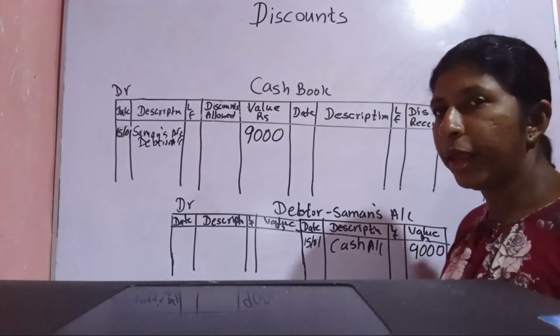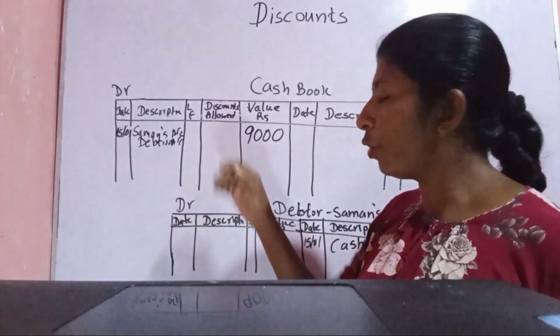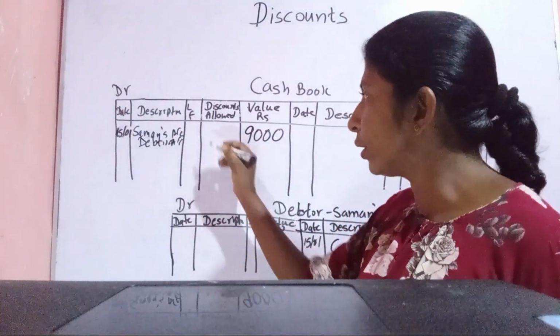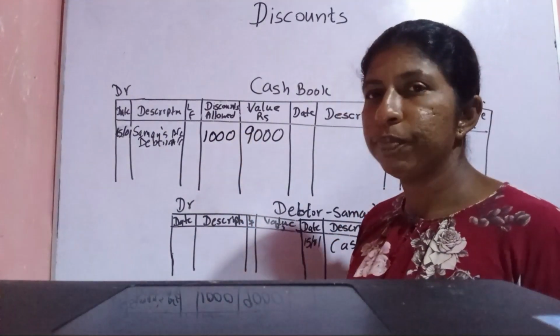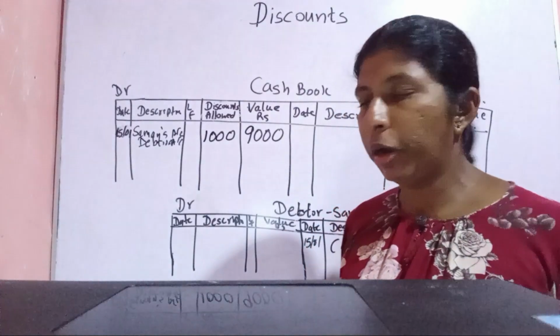Now we know that there is a discount of 1,000. Instead of debiting that amount to the discounts allowed account, we will write here 1,000 straight away in the discount allowed column.